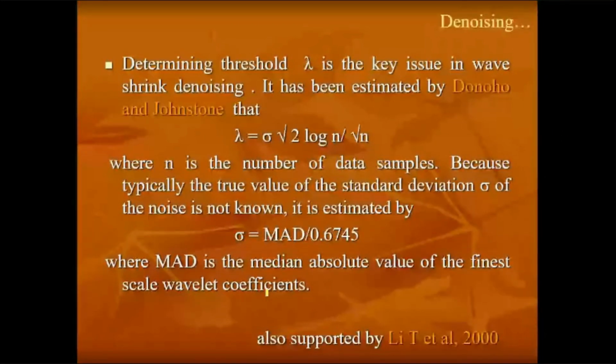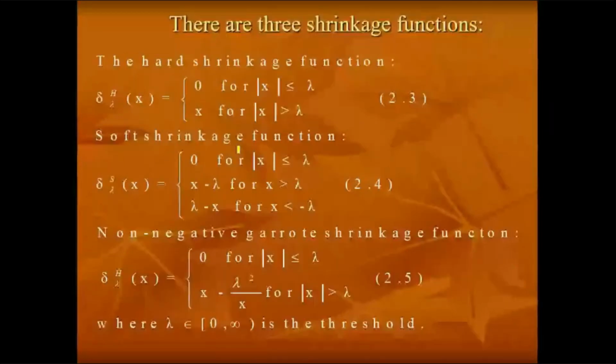Those threshold properties are playing a very important role. So here I am just giving, you can see, three shrinkage functions, or we can say the thresholding functions. The first thresholding function is known as the hard shrinkage function.